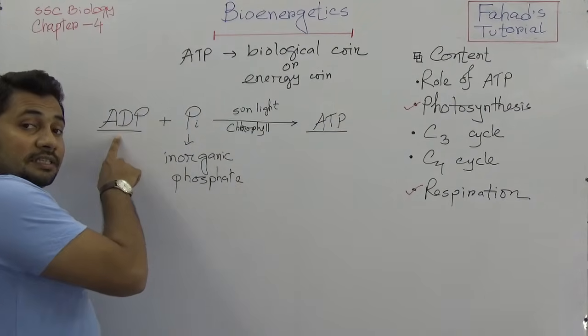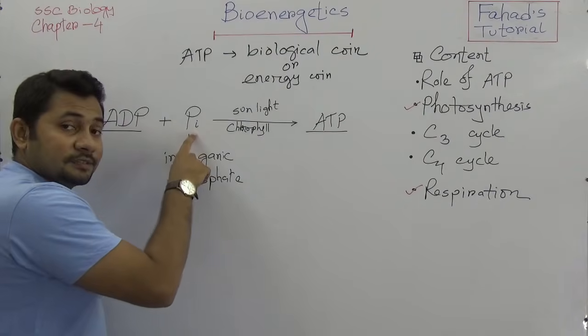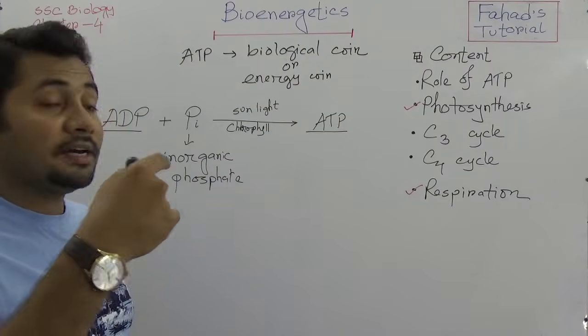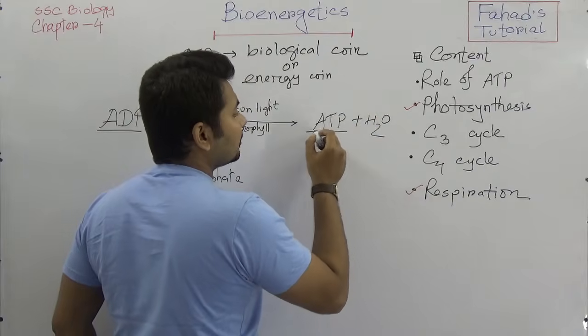So think about this: ADP is a diphosphate, and then 1 phosphate is added to ADP, and it will produce ATP, which is triphosphate, and also 1 molecule of water or 2 molecules of water will be produced.